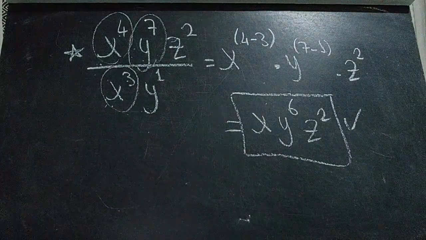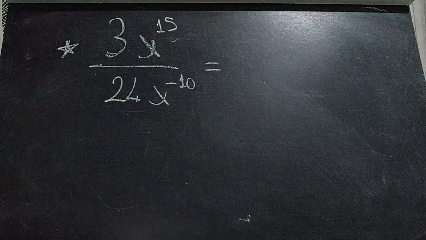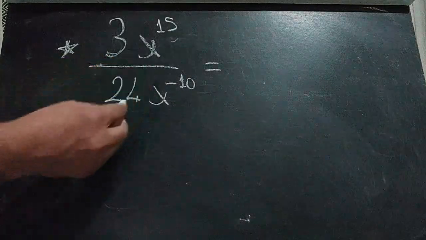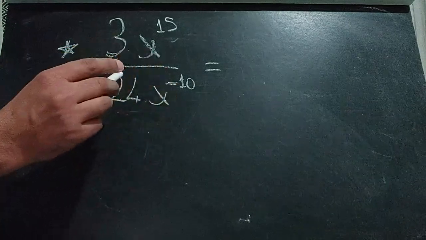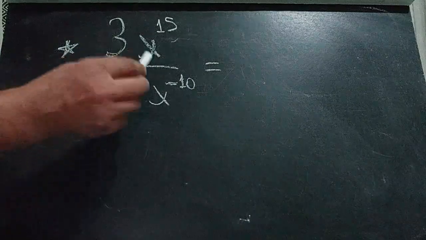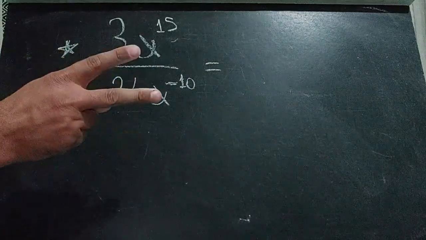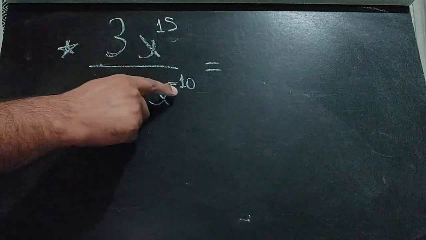Alright, now our next question is 3 times x power 15 over 24 times x power negative 10. So for a question like this, when you have a negative power, there are 2 methods to solve it. Remember, I had a negative sign in one question before.